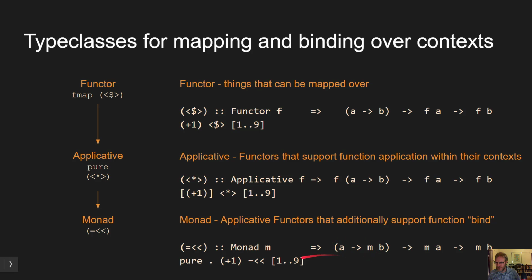In fact, it's taking a number and adding 1 to it and returning it inside. In this case, it's going to be the list monad. And the second parameter to the bind is the list. And the result, of course, is going to be the same as the results of these previous ones, which is simply a list of the numbers 1 through 9 with 1 added to each.